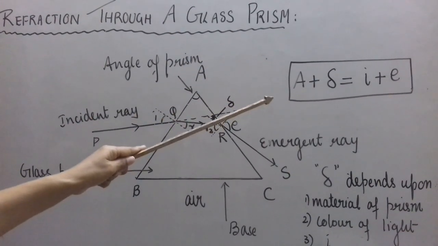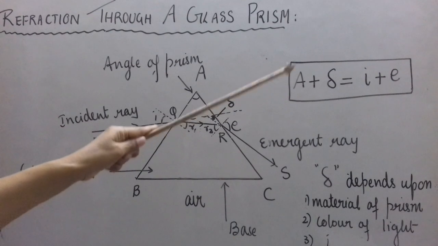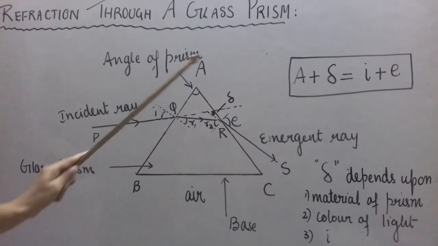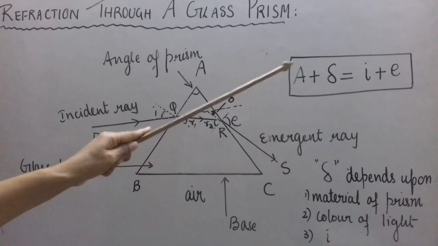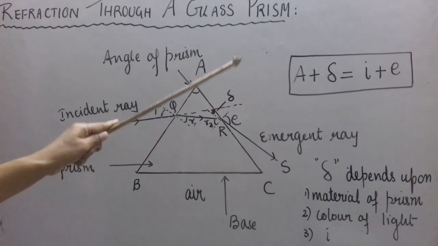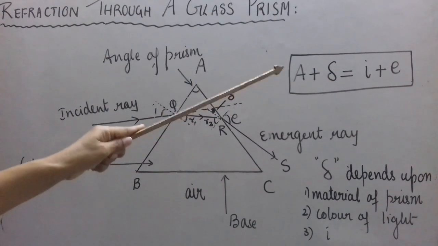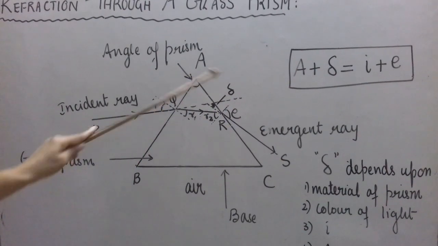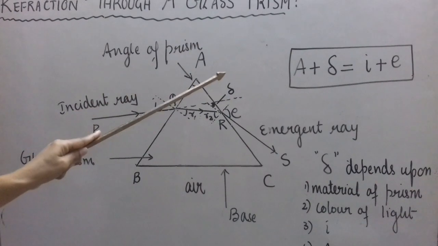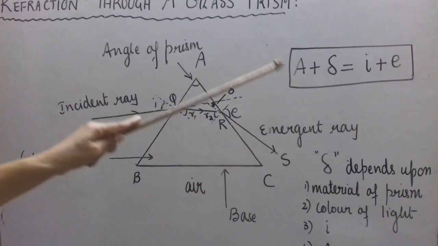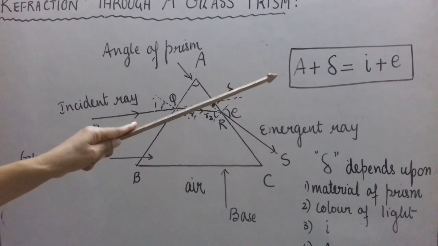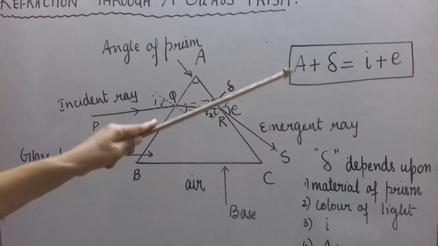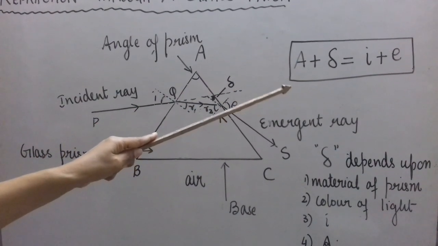A plus delta is always equal to I plus E. It means when you change I, delta and E will change in such a manner that A plus delta is equal to I plus E. A is fixed for a prism, I you choose, and on the basis of so many factors, E and delta values take place in such a manner that A plus delta is always equal to I plus E.